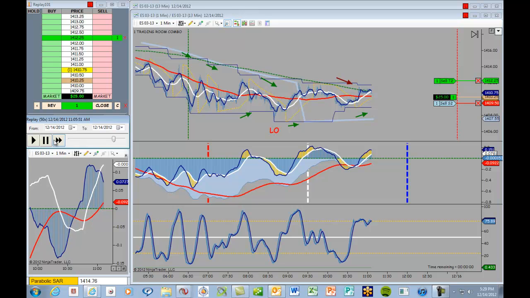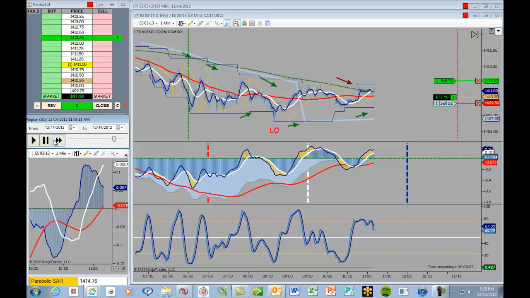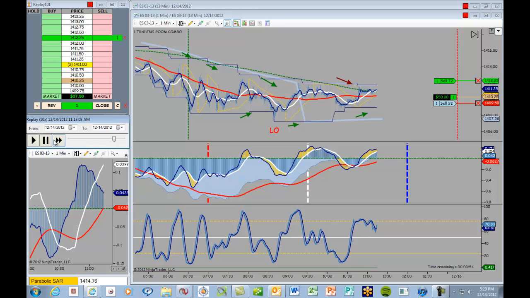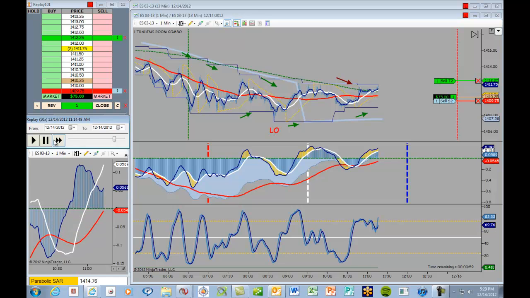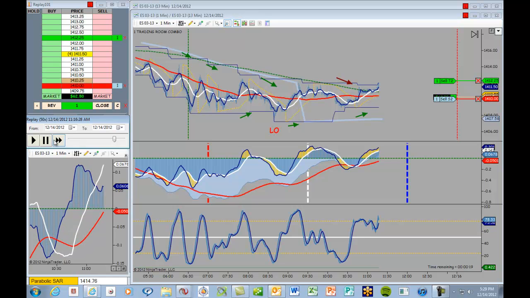By cutting the loss short there, we kept our loss to an amount that is less than a typical two-target successful trade, so it didn't set us back too far. We were still in the black.